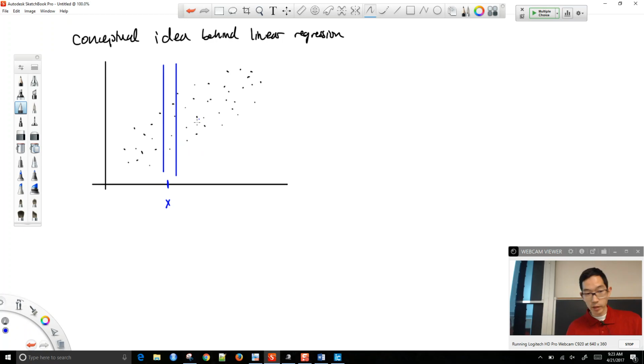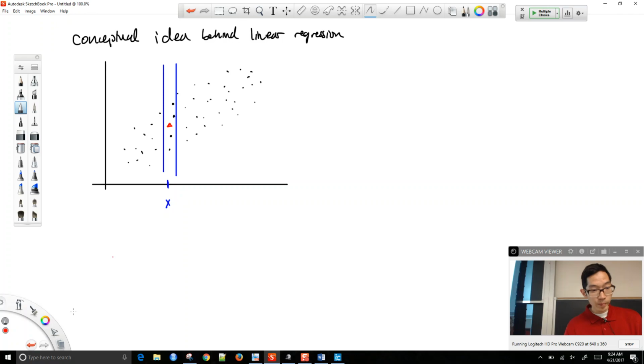And inside my slice I've got these 4 data points. I've got this data point, this, and this. Among the pieces of data inside this slice, my mean goes right here.